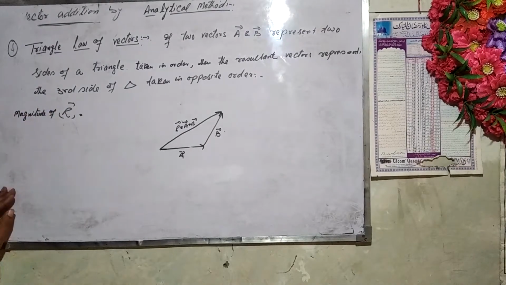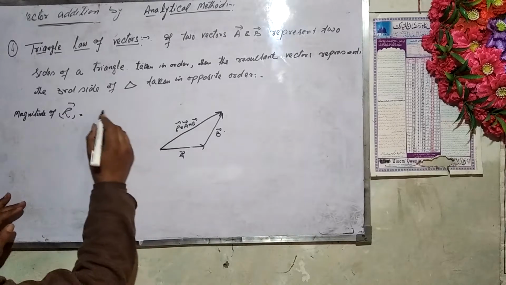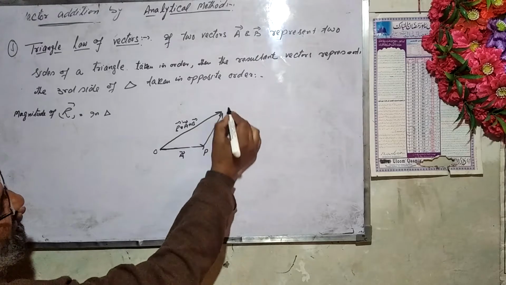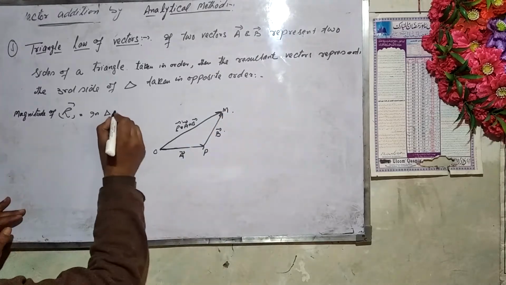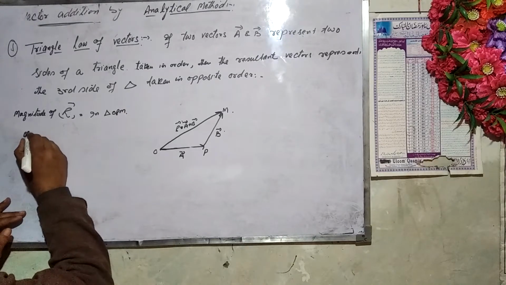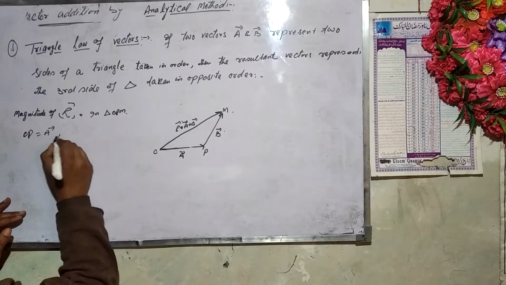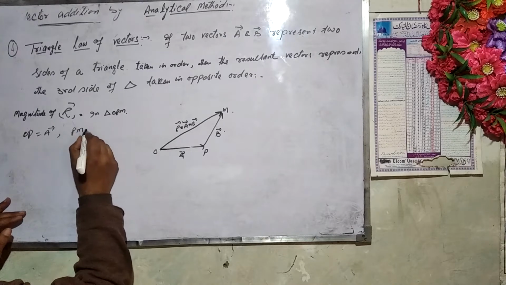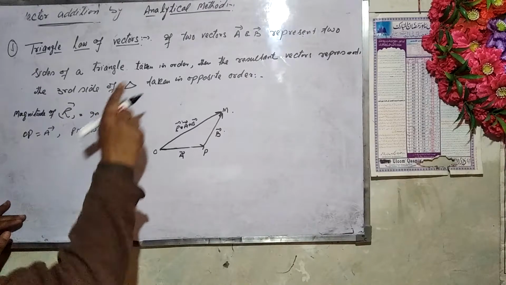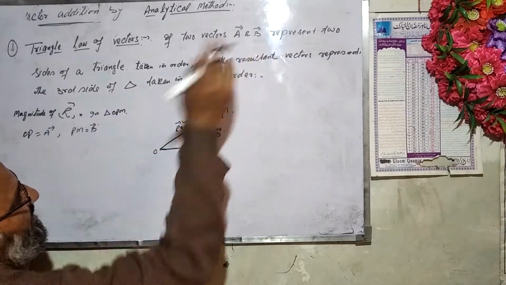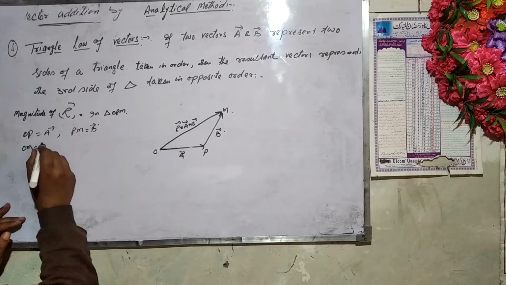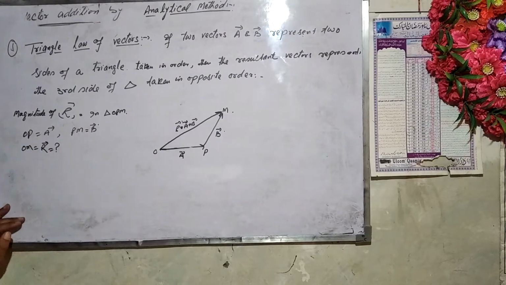Consider in triangle OPM, OP equal to A, PM equal to B. So we know the magnitude of A and B. Now we have to find R. OM equal to R, which we are supposed to find the magnitude of.